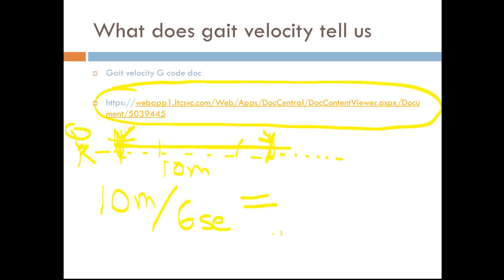That's going to equal 0.6 meters per second. Do you see how that works? It's that simple. So whatever the meter distance is, 5 meters in 6 seconds, you would divide 6 into 5. Whatever that ends up being, it's probably going to be twice as much, right? 5 meters, less speed. What's the math on that?